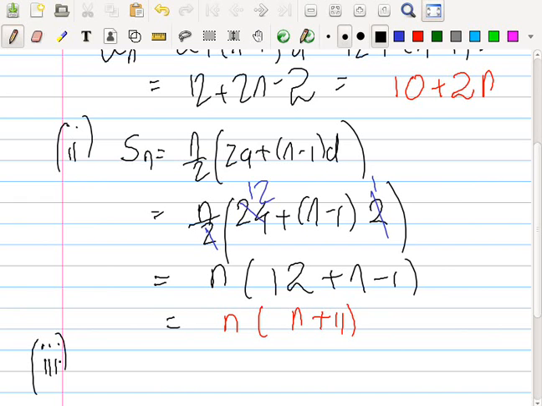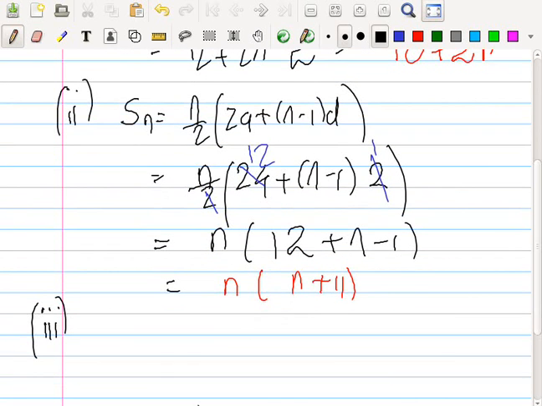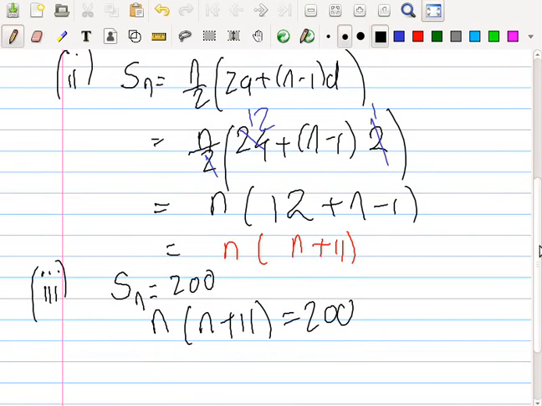Part 3, calculate which floor the company is working on after 200 days. So here we have Sn equals 200. So here we have n times n plus 11 equals 200, which is a quadratic. n squared plus 11n minus 200 equals 0.